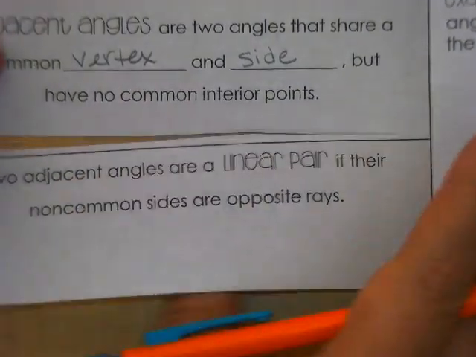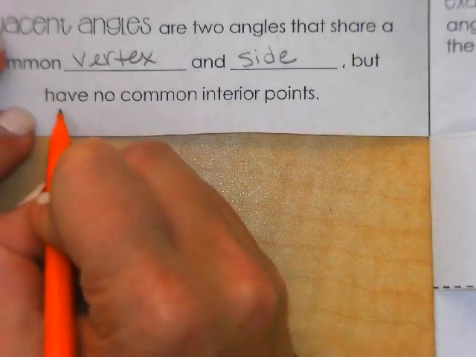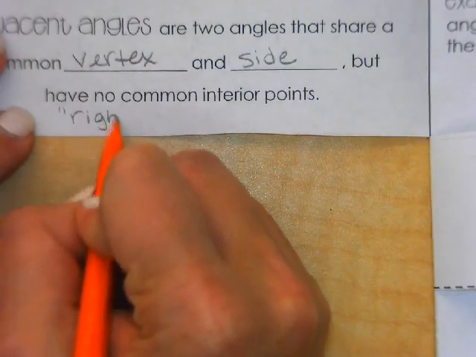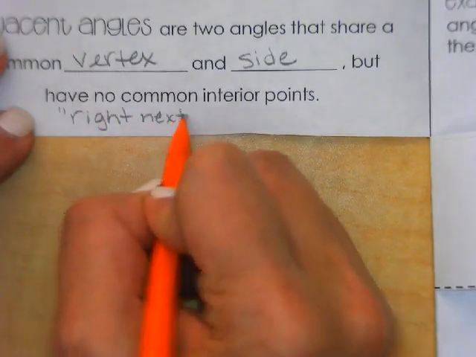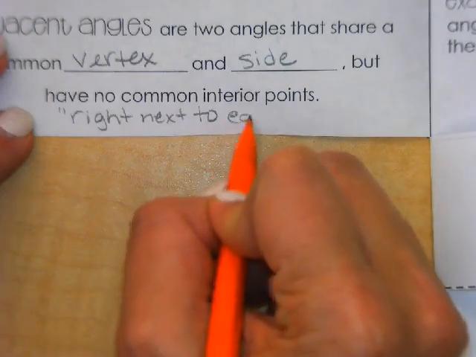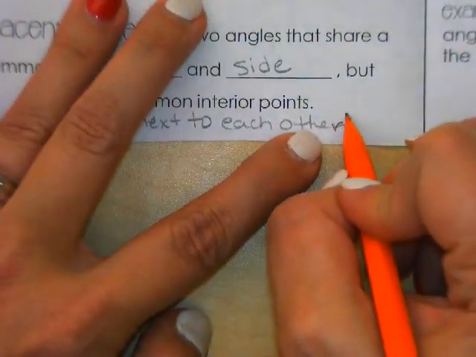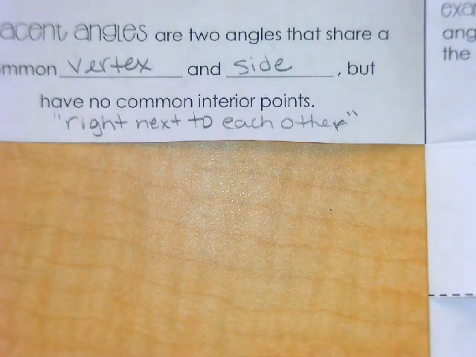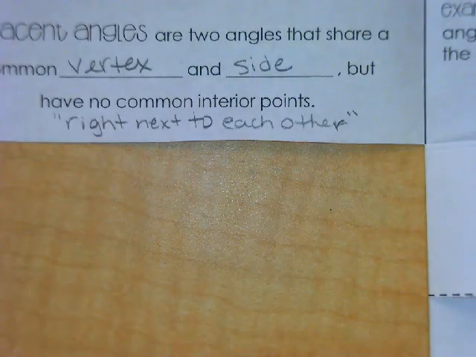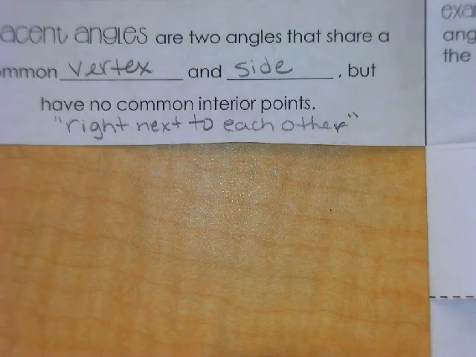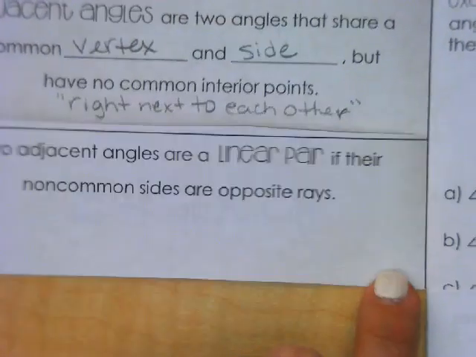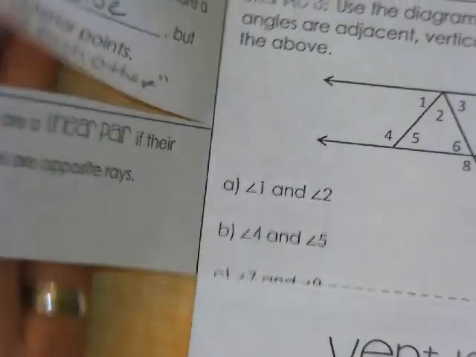I want to write one more thing, which is what I was just saying: they are right next to each other. Looking at this picture, which ones are adjacent, or next to each other?